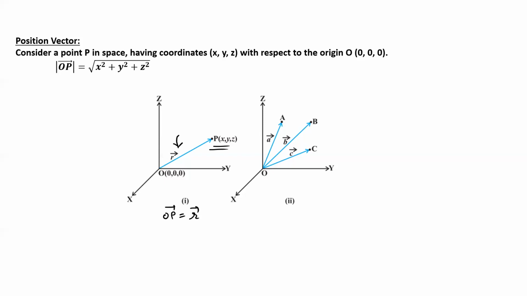It's nothing but the distance formula for 3D: x2 minus x1 the whole square, y2 minus y1 the whole square, z2 minus z1 the whole square. So here you will do x minus 0 the whole square, y minus 0 the whole square, z minus 0 the whole square. Ultimately, you have this. One can write it as R vector, and one can write it as R also.